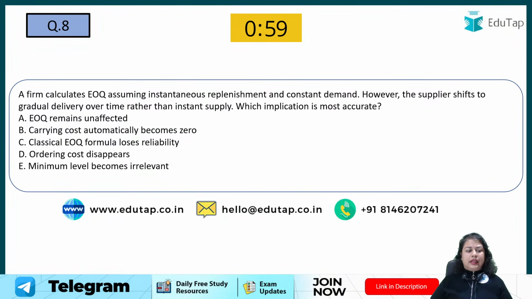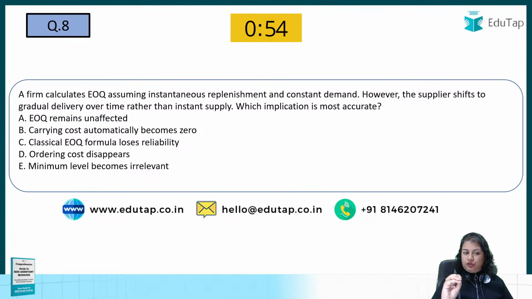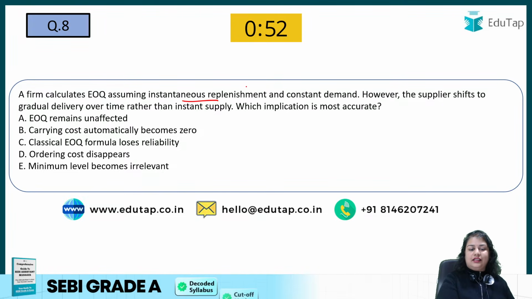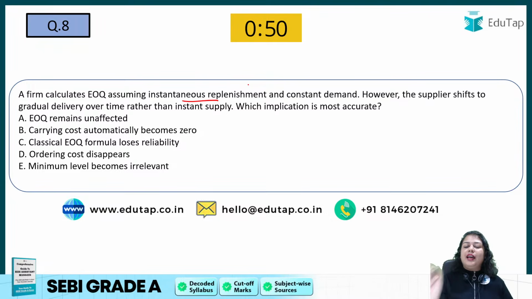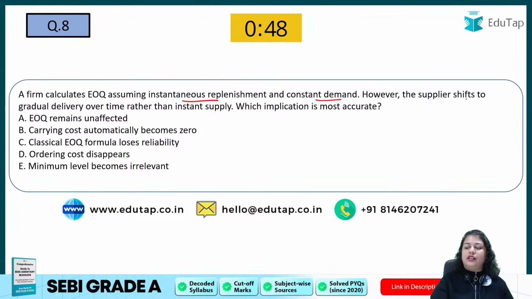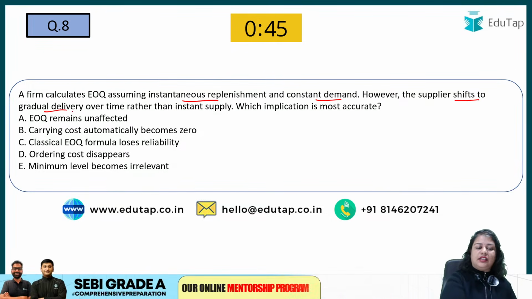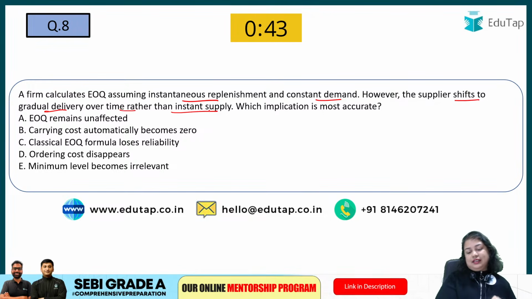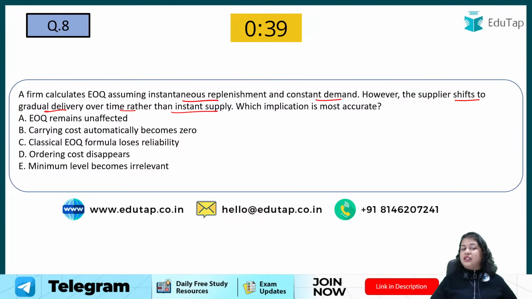Very good, everyone. Next, a firm calculates EOQ assuming instantaneous replenishment and constant demand. However, the supplier shifts to gradual delivery over time rather than instant supply. Which implication is most accurate? Now try to understand this question.